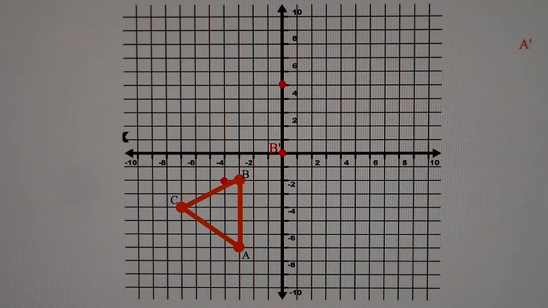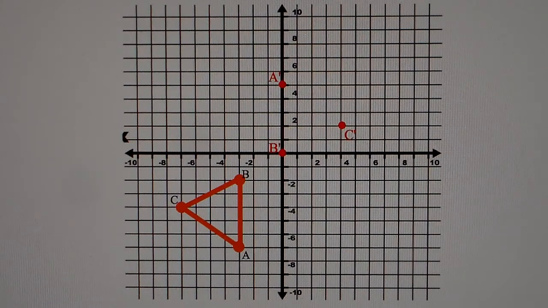So we plot that point up there, and that's going to be A prime. My C is -4, -2. So we got to change that to +4, +2. So +4, +2. Let me plot that point, C prime.